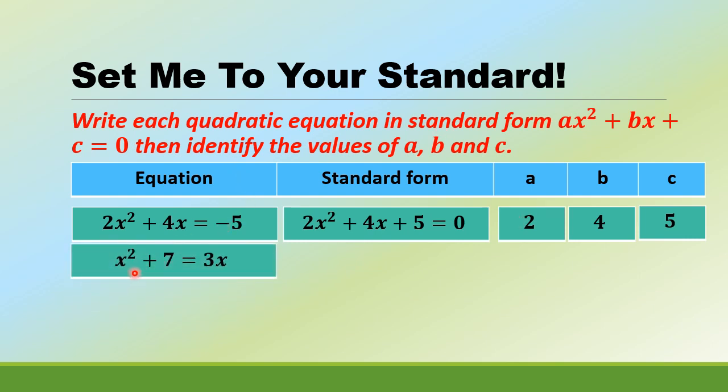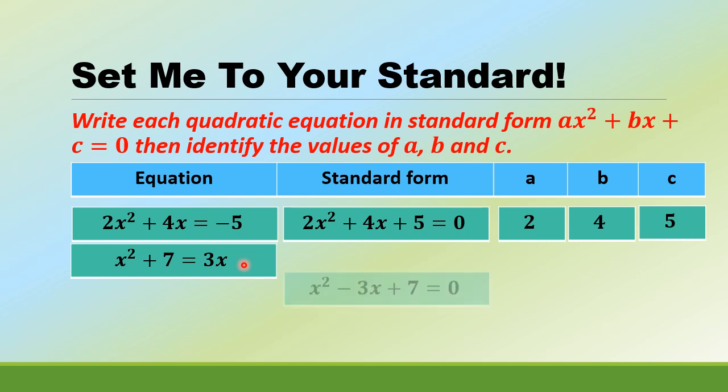How about the next one? Okay, so we have here x squared plus 7 is equal to 3x. Again, kailangan mag-0 dito sa right side. So, ano ang i-add natin both sides para mag-0 si 3x? Okay, correct. Adding both sides by negative 3x. But we have to arrange it into standard form.